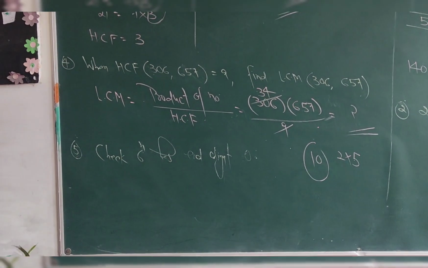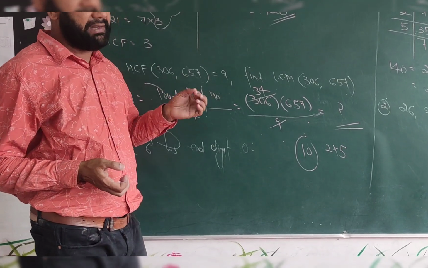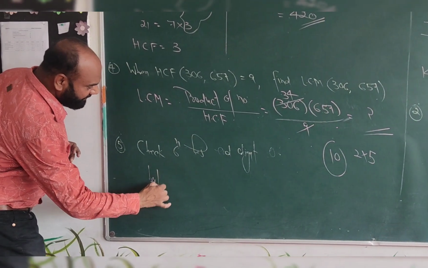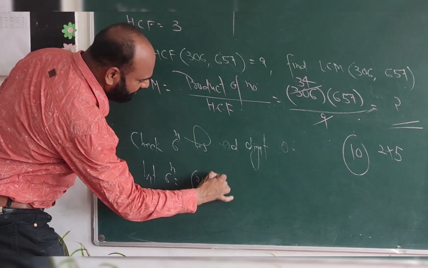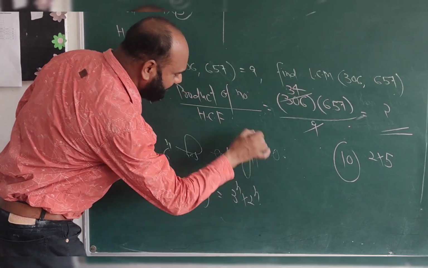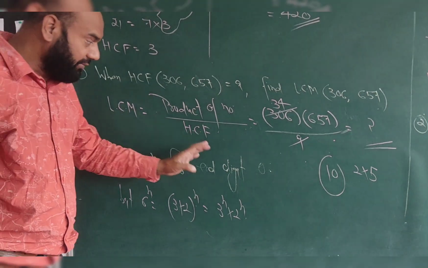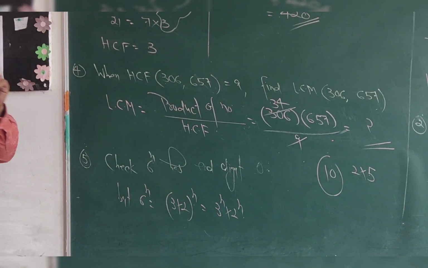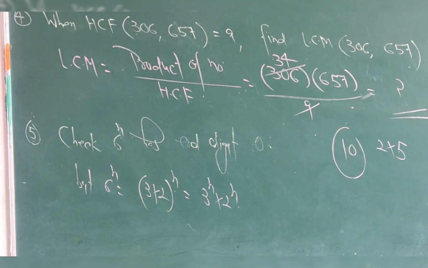So we can say that any number ending with digit 0 is a multiple of 2 as well as 5. Now 6 power n can be written as 3 multiplied by 2 power n, which is equal to 3 power n multiplied by 2 power n. And we see here it is a multiple of 2 but not a multiple of 5. So the number 6 power n does not end with digit 0.